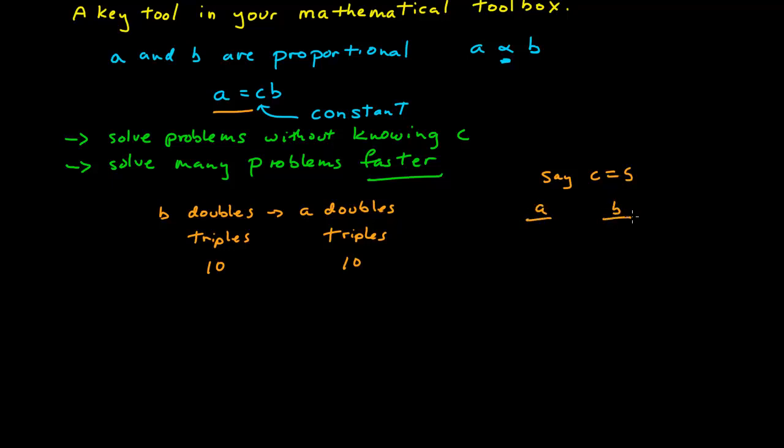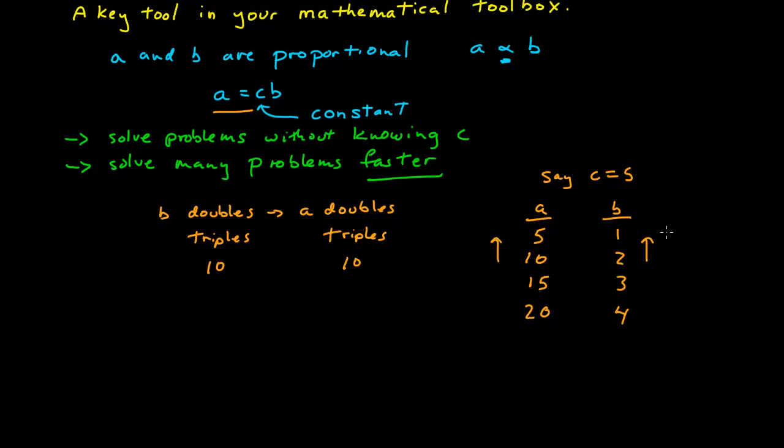If we were to look at a table of A and B, if we say B is equal to 1, 2, 3, and 4, then A is equal to 5, 10, 15, and 20. And so, again, if, say, B is cut in half from 2 to 1, then A is cut in half from 10 to 5.